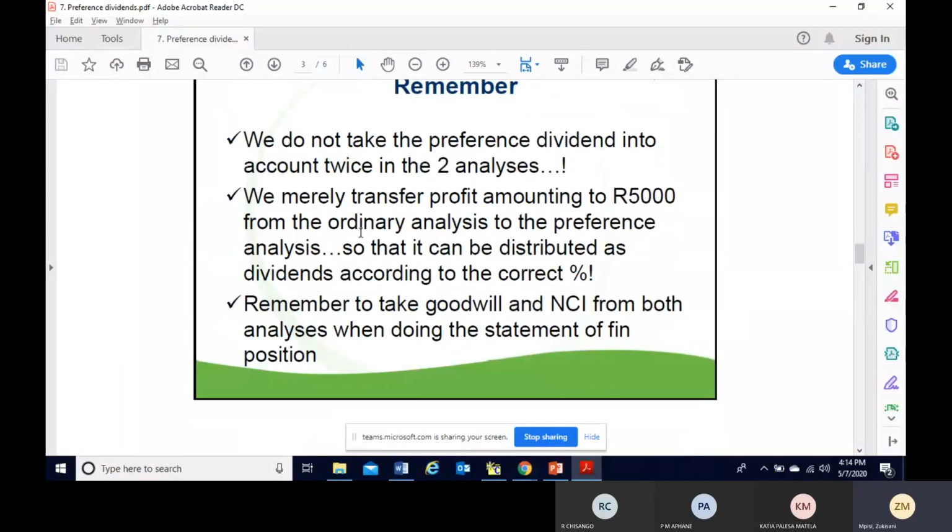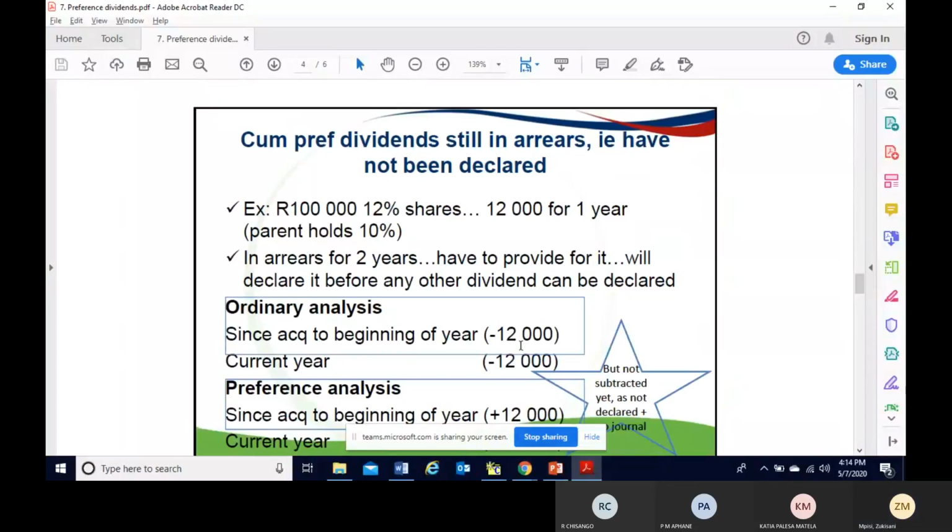So remember, we do not take preference dividend into account twice in the two analyses. We merely transfer a profit amounting to 5,000 from the ordinary analysis to the preference analysis so that it can be distributed as a dividend according to the correct percentage. Remember to take goodwill and non-controlling interest from both analyses when doing the statement of financial position. So we are going to be covering this in question 1.